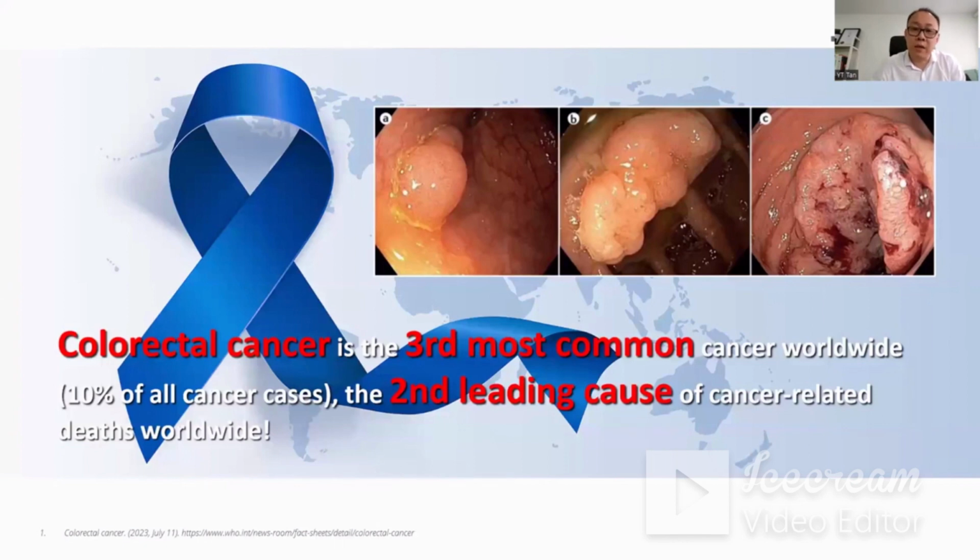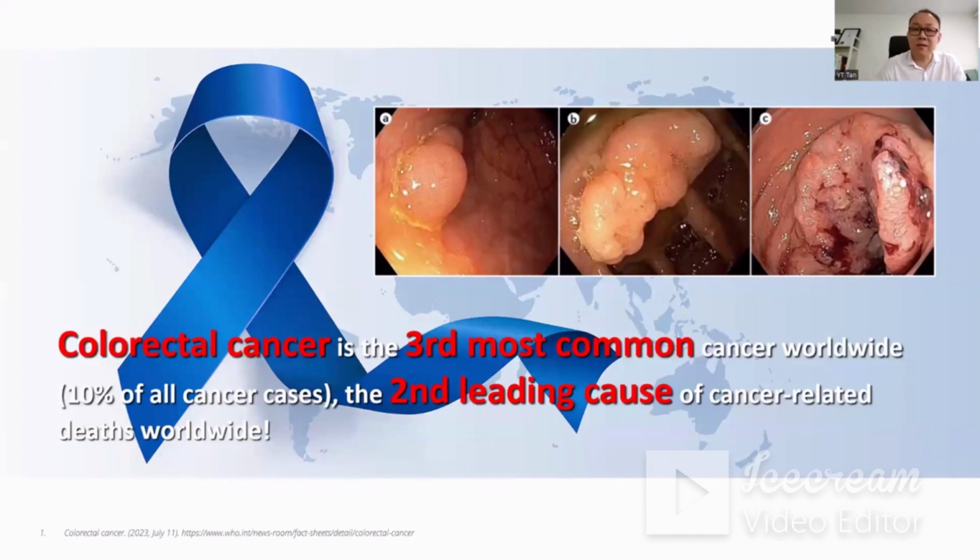The top ones would be lung cancer and liver cancer, and for women, breast cancer, and so on. Colorectal cancer happens equally in women and men. It doesn't mean that if you are a man you have a higher chance, or if you are a woman you have a lesser chance. Women and men have the same chance of having colorectal cancer.